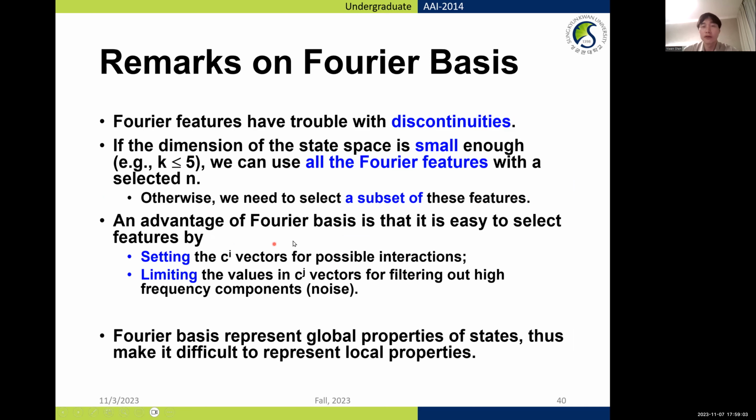One advantage of Fourier basis is that it's easy to select features by setting Ci vectors for possible interaction, and limiting the values in Cj vectors for filtering out high frequency components, noise.